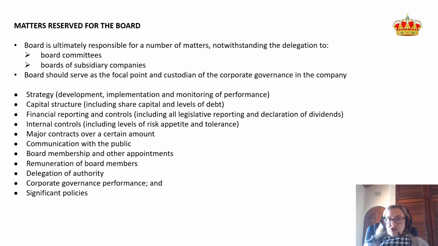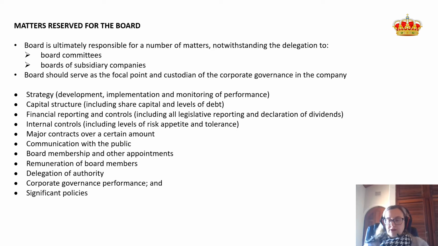Financial reporting and controls need to be overseen and signed off by the board. When we get to talking about committee responsibilities, we'll talk about the going concern statement. And if you recall back to section 214, that ultimate responsibility for ensuring that all the financial information about a company is accurate and is not misleading, that sits with the board.